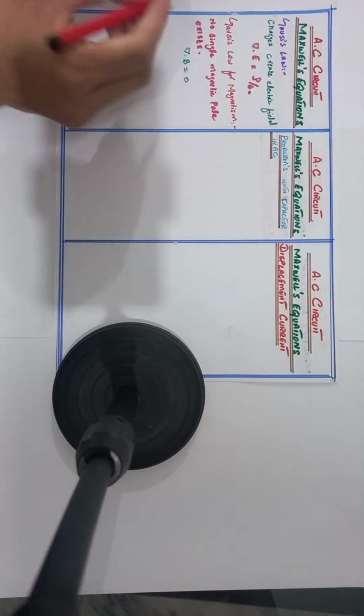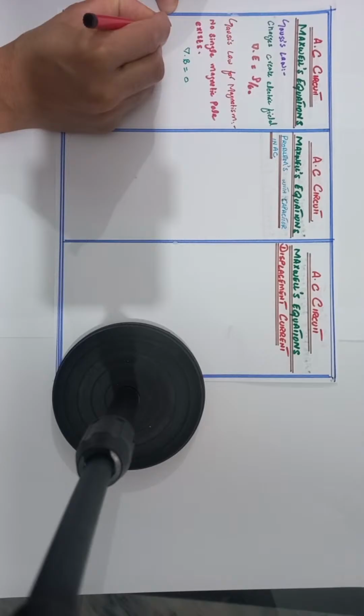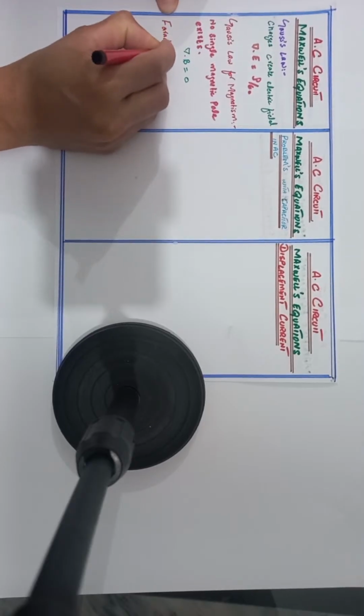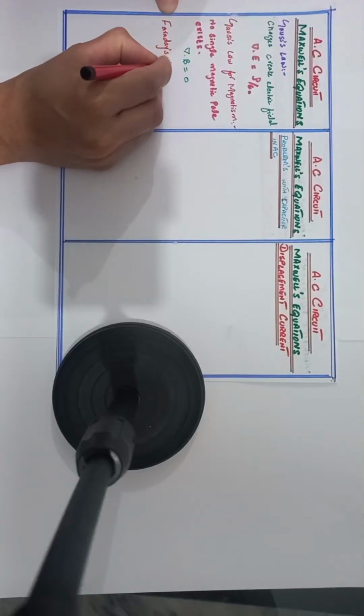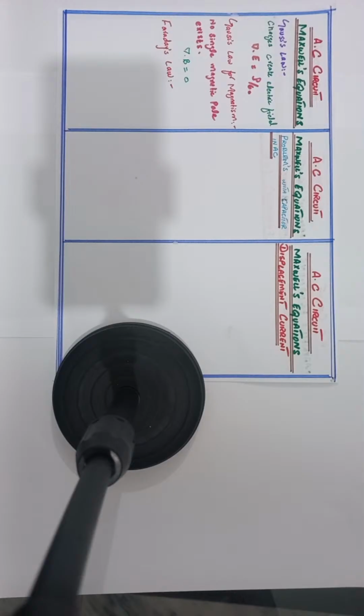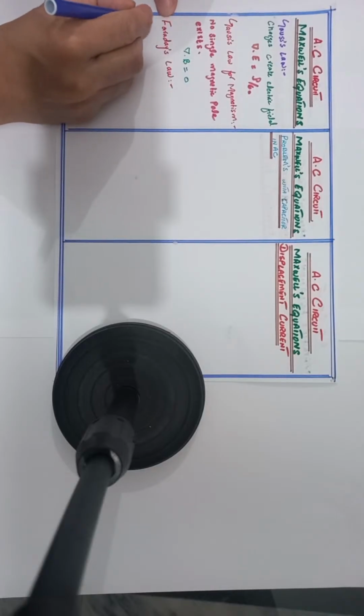Faraday law: a changing magnetic field creates the electric field.